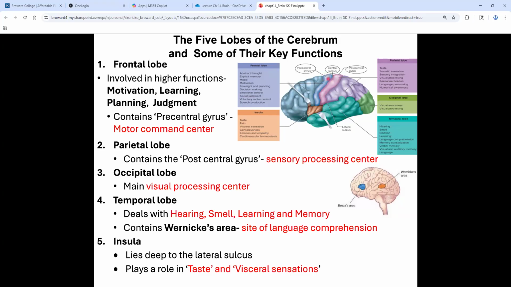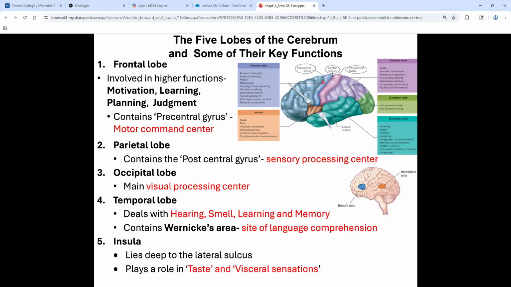This is called a precentral gyrus, which is part of the frontal lobe. This gyrus is called the motor command center of the brain. So when I want to take the phone, the command is coming from the precentral gyrus. Okay? And that's in the frontal lobe.